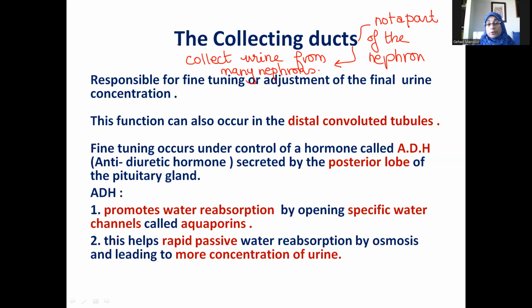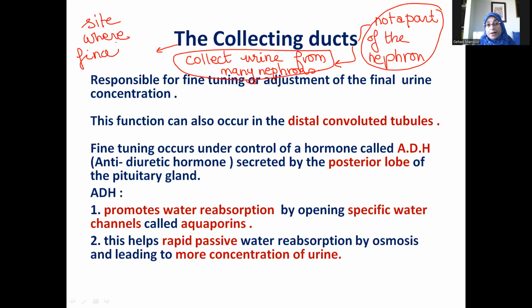So the third piece of information that you have to know about the collecting duct, other than not being a part of the nephron, and other than collecting urine from many nephrons, is that it is the site where the final tuning or adjustment of urine concentration occurs.